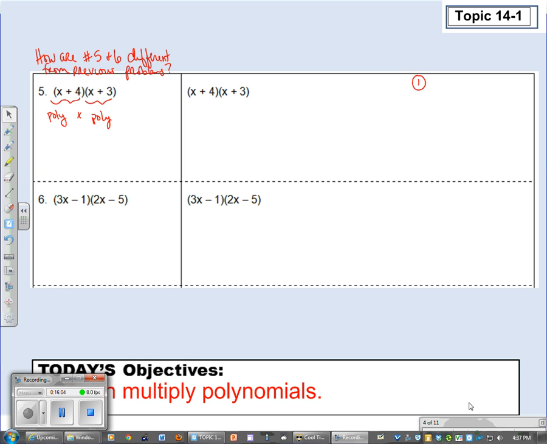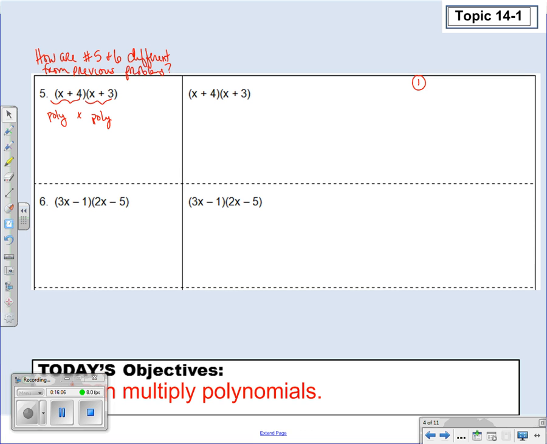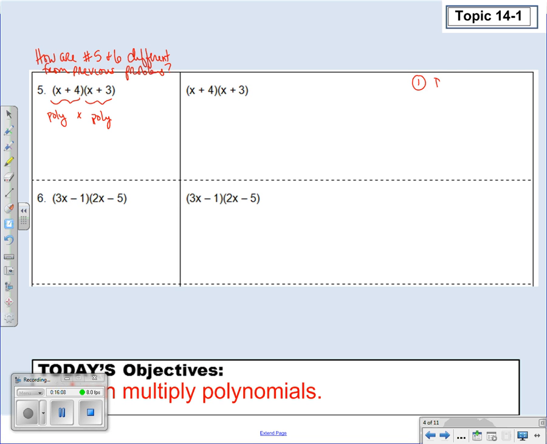So our first step we're going to say is to distribute. And remember, distribute means multiply. Put that in there, multiply each term in the first parenthesis to each term in the second parenthesis.